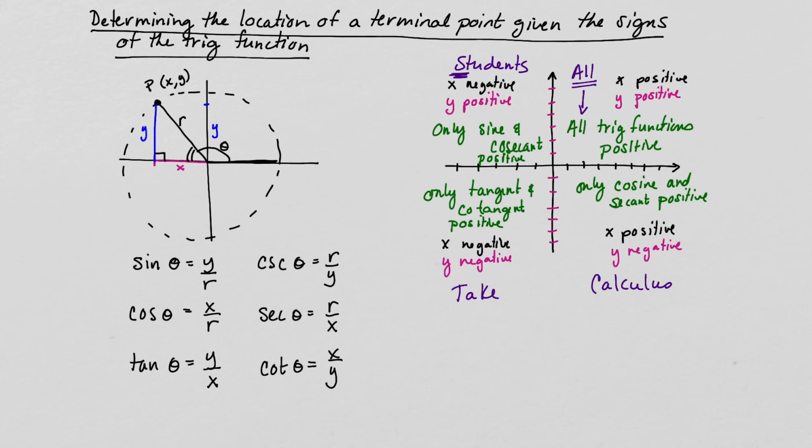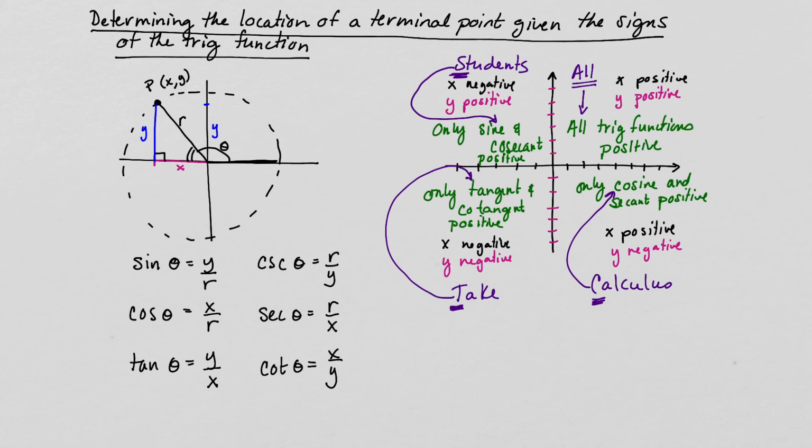The S here in students is indicating that the sine is positive, and then once you know the sine is positive, since remember, cosecant is just the sine flipped over, that's what tells us cosecant is positive. The T is going with the tangent, same deal, and the C is going with the cosine. So it's just a little thing to help us kind of remember what is positive where.